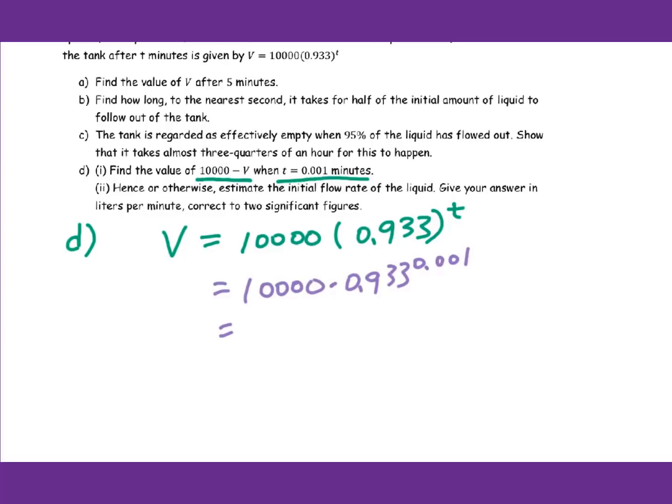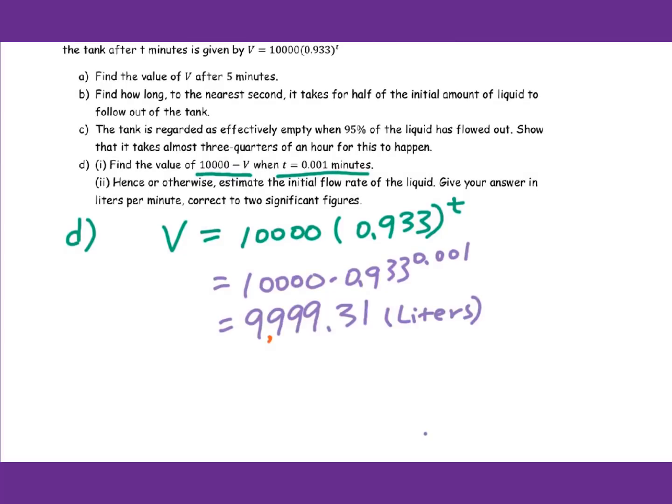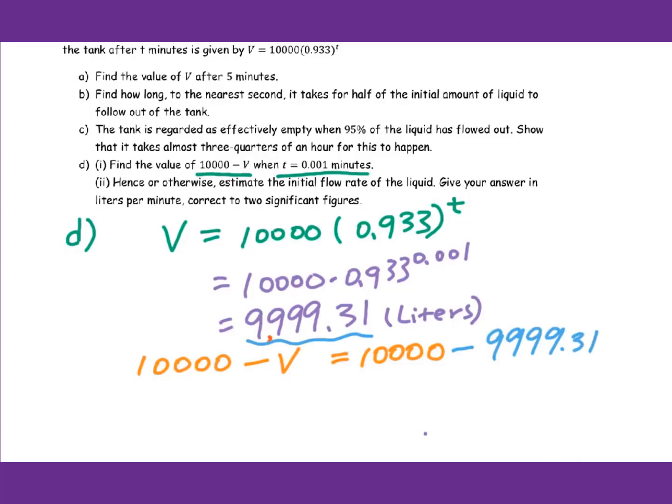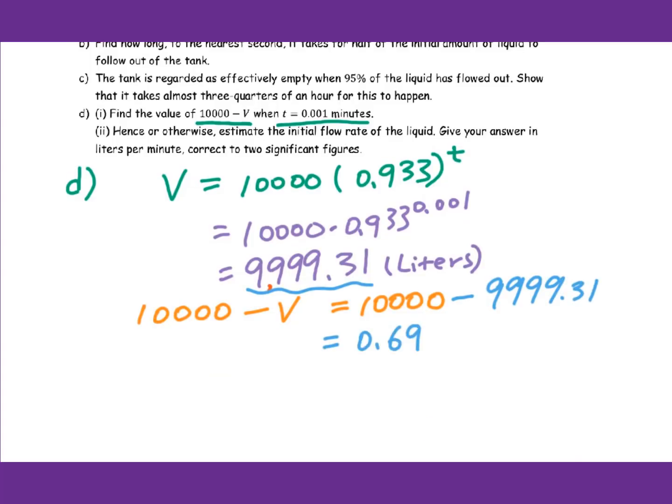You will get 9,999.31 liters. We're looking for 10,000 minus V. That means 10,000 minus this value. You will get, answer will be 0.69. This is for the first question of D.